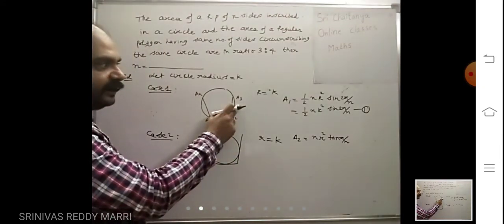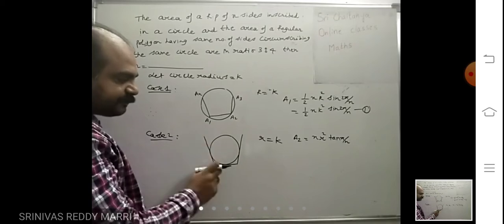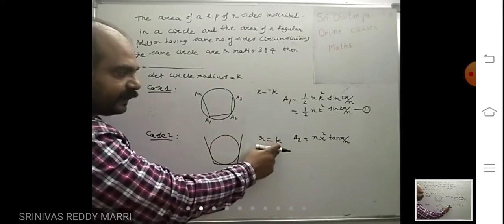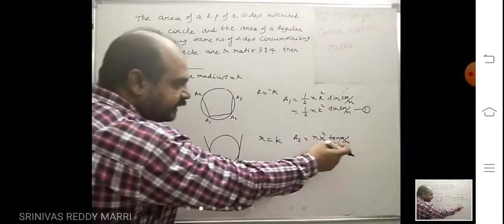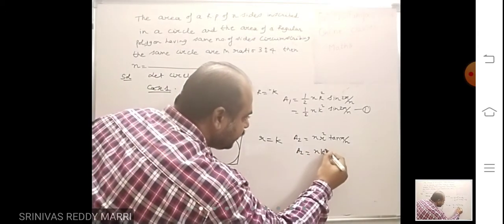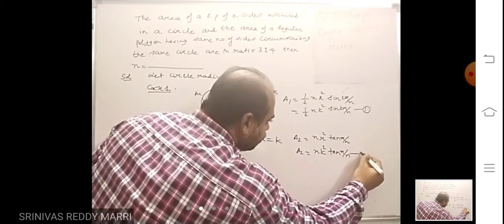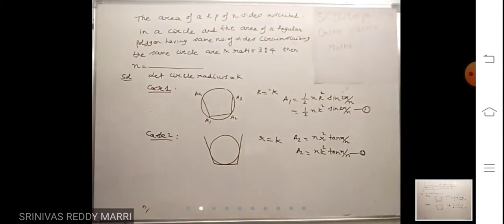Its role is different: this will become the radius of the incircle, smaller here. So A2 is nothing but n k square tan pi by n. This is the second case.